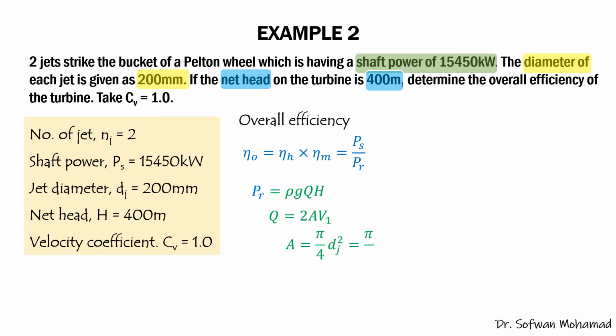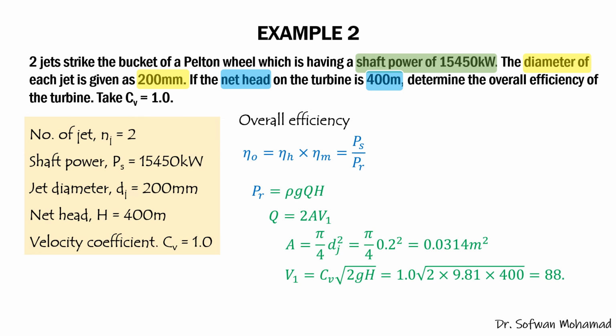A is the area of the jet, can be simply calculated by pi over 4 dj squared. So we have dj value, we plug in this equation, we will get A is equal to 0.0314 meter squared. And then V1 we can calculate using CV square root of 2GH.